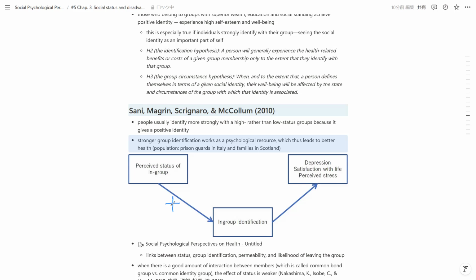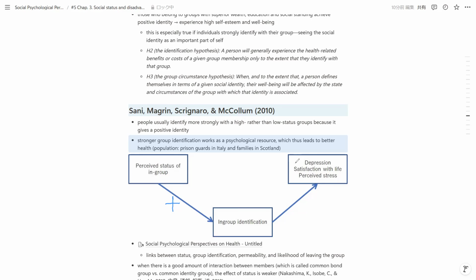So the higher the status is, the stronger the in-group identification is. There's a positive association between these first two variables. And then, as we have been seeing, stronger group identification can provide more well-being. So there's a positive association with satisfaction. Maybe I should write it like this.